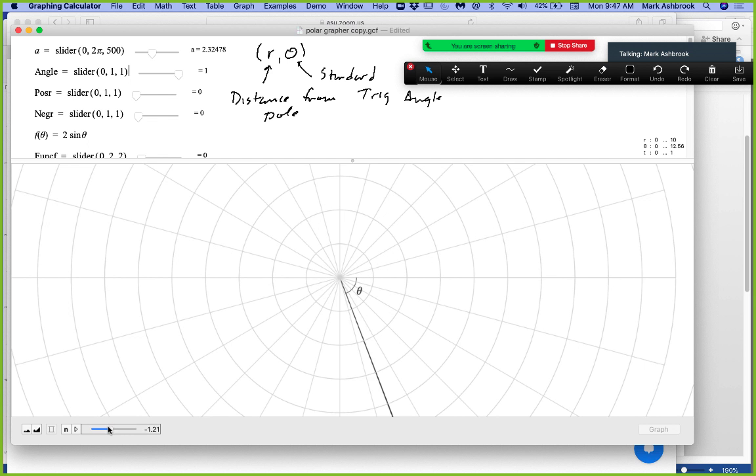So these angles would have a negative measure, a measure less than 0. For instance, this is the angle negative 2.41. Okay, here's the angle measure positive 3.93.